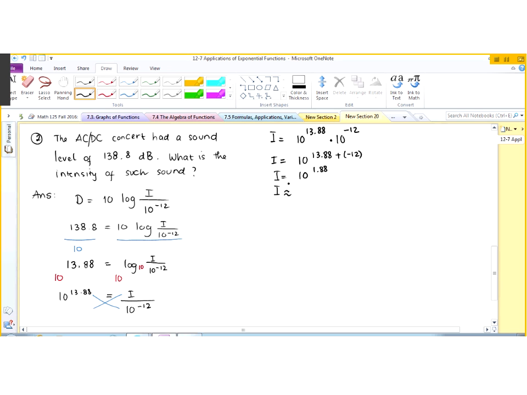Can I get an approximate value? 75.86, so approximately 75.86. What is the unit of I? Watts per square meter. All right, good.